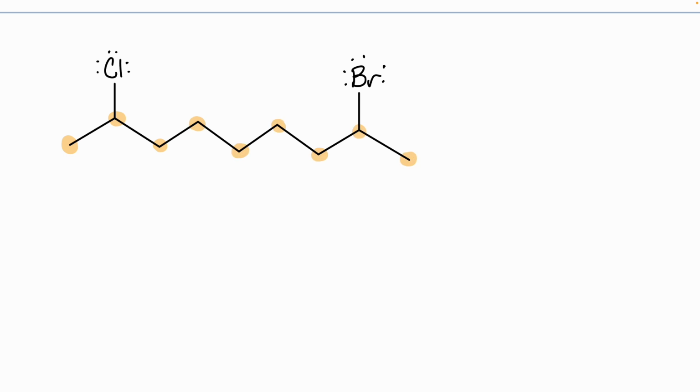So my molecule here would then be a nonane. Rather, my parent chain would be a nonane. All right, we talked about our halogen substituents here. This one's a chloro group. This one's a bromo group.